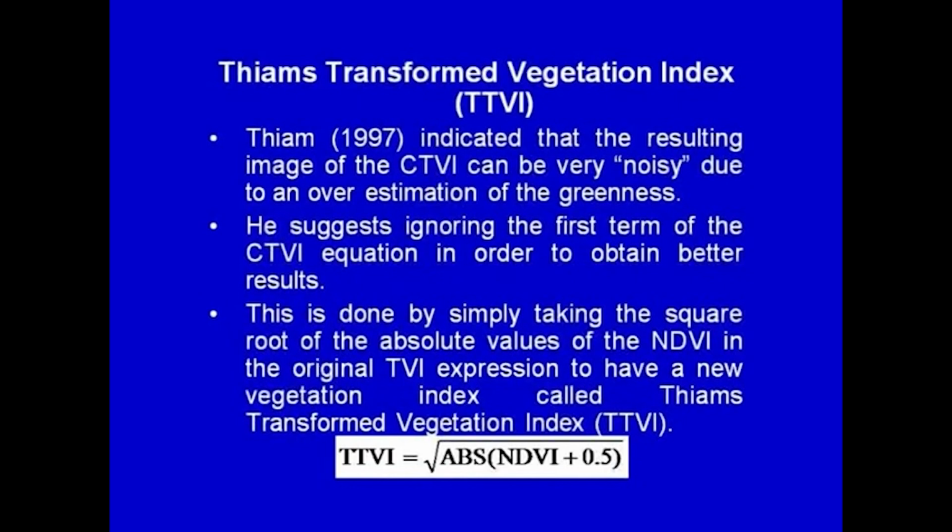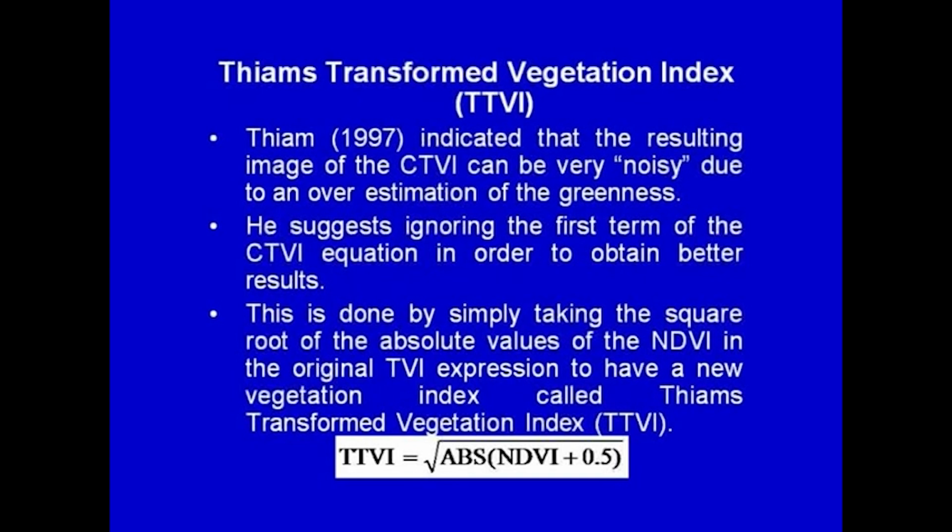The next index is what we call the Thiam's Transformed Vegetation Index, or in short TTVI. Thiam in 1997 indicated that the resulting images of CTVI are very noisy due to an overestimation of the greenness.